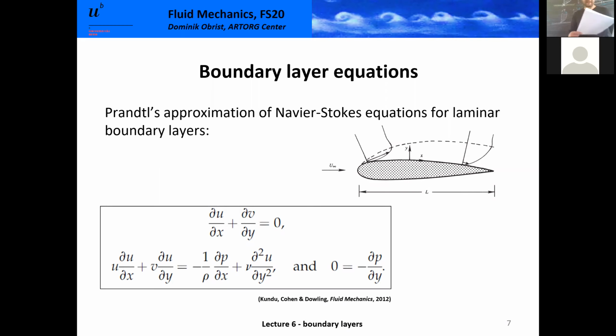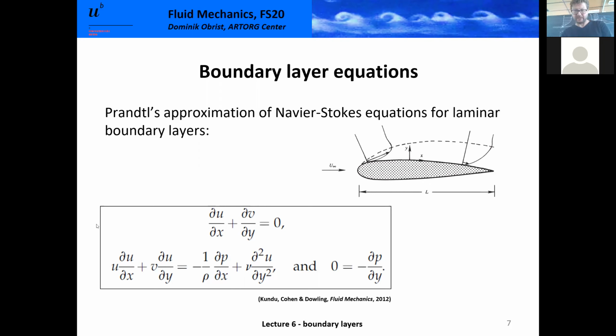And by that trick, he was also able to maintain the equation, a second order differential equation, especially in the y direction. So he was able also to satisfy the no-slip boundary condition at the wall. So that was Prandtl's basic main contribution to boundary layer theory.